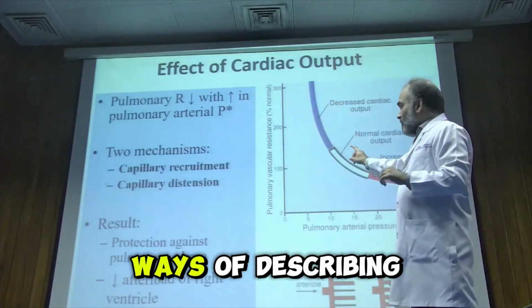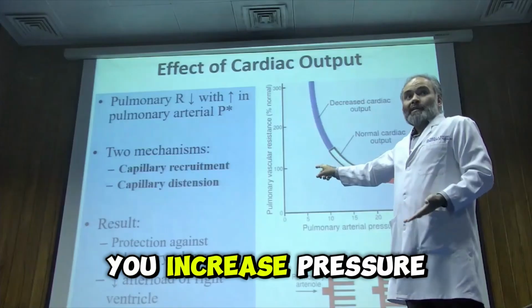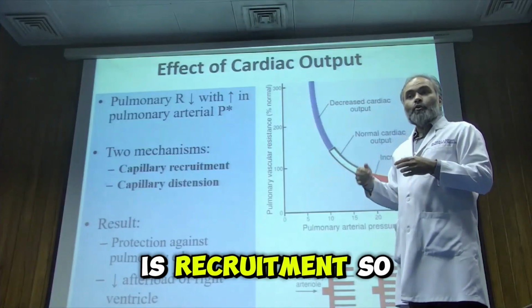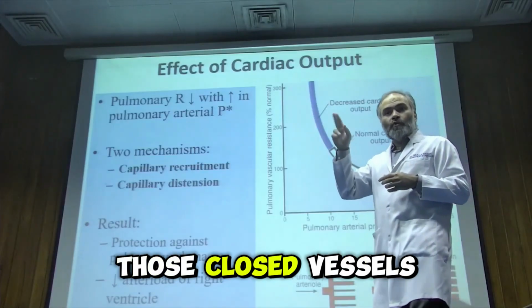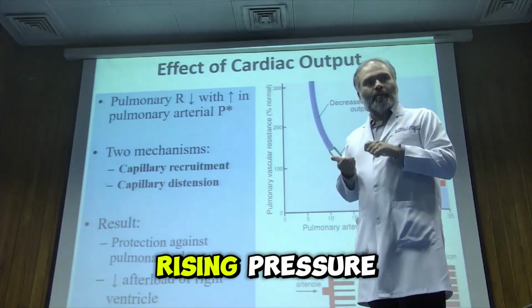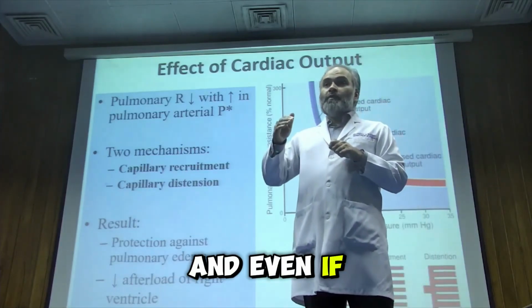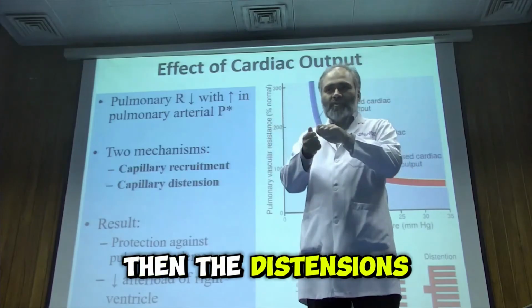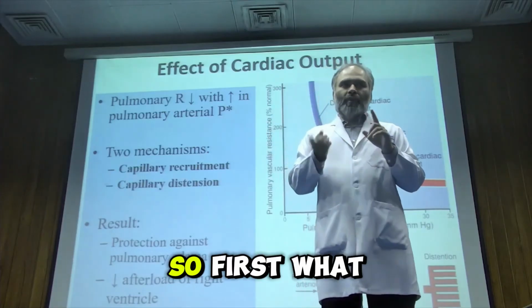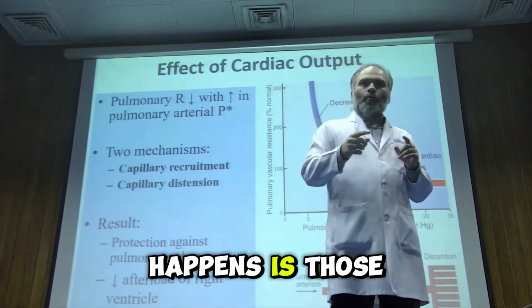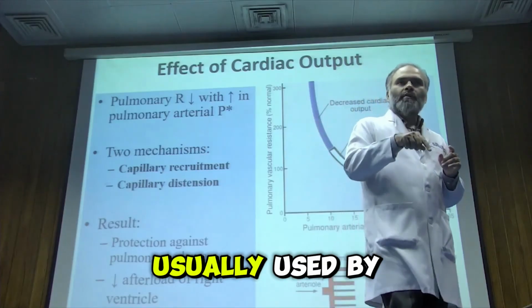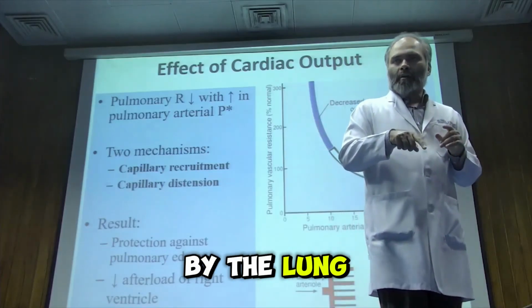So one of the ways of describing what happens when you increase pressure is recruitment. Those closed vessels are opened by rising pressure. And even if that is not enough, then distension takes place. First, those vessels which are not usually used by the lung get opened up.